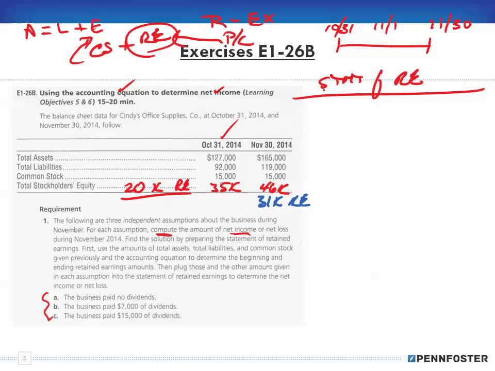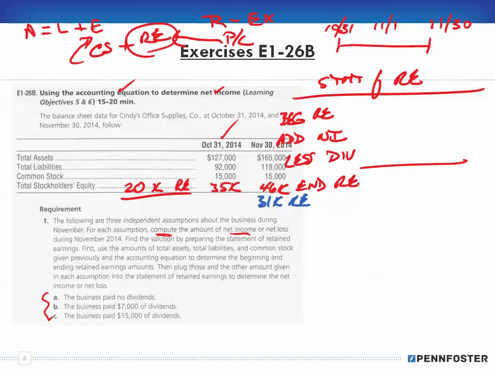The format of the statement of retained earnings, if you had looked in the chapter at the statements that were supplied, or if you watched the previous videos in the introduction, is a beginning retained earnings, and then you add net income, and then you less dividends, and then that all gives you your ending retained earnings.